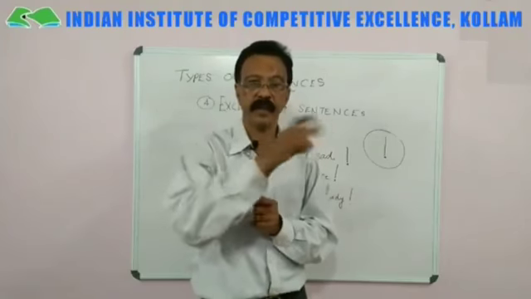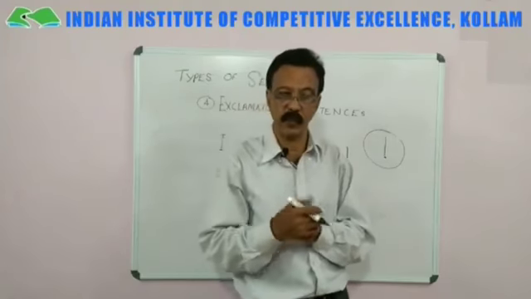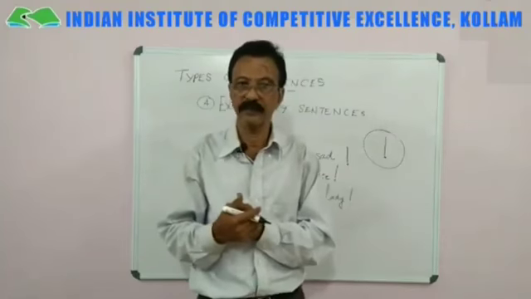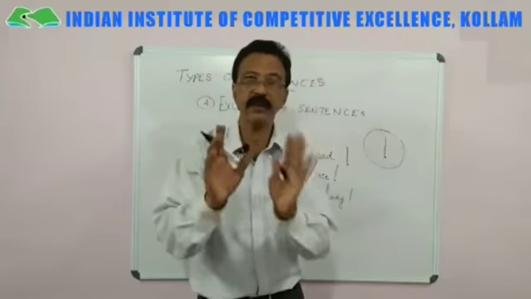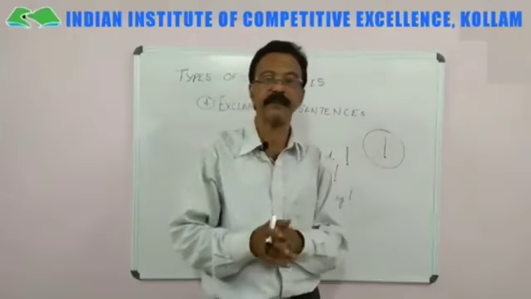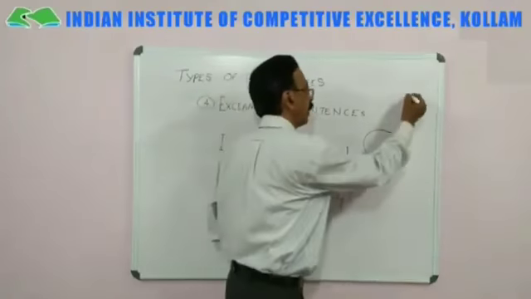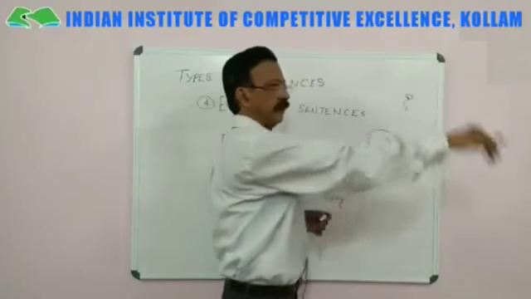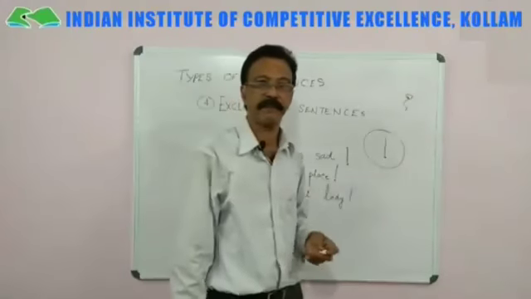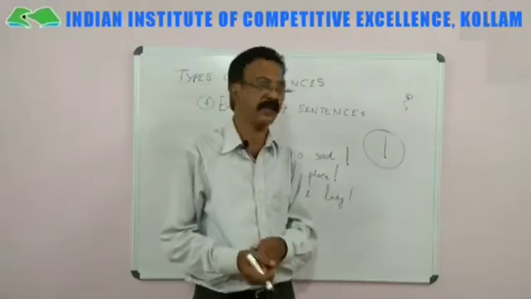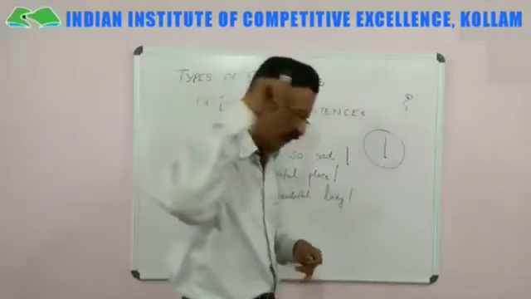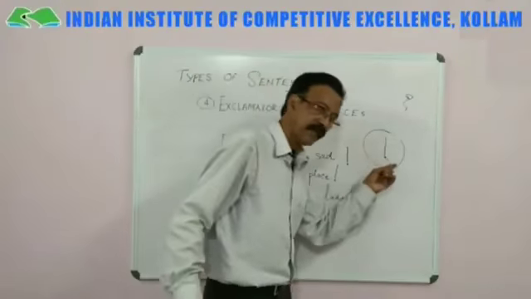And the interrogative sentence ends with a question mark. When you say it with the tone, you have to make the person feel that it's a question. When you write it, you have to put a question mark for an interrogative sentence. In the exclamatory sentence, when you write, you have to put an exclamation mark.